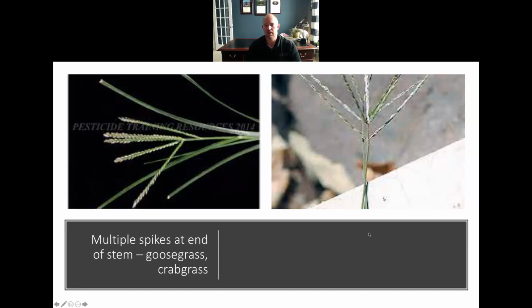So again, just a little bit different variation. But again, here would be your stem that gives rise to the inflorescence, and then you have these spikes or spikelets that are forming off of that main stem. Again, you can have multiple spikes on a plant versus one single spike as you do here.